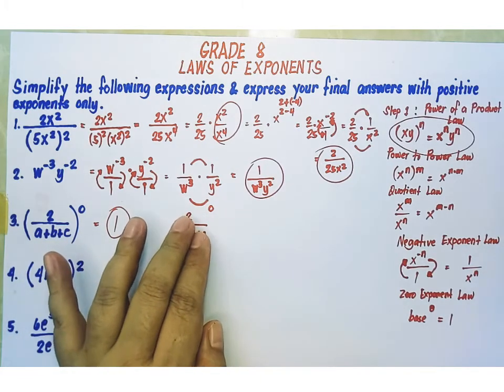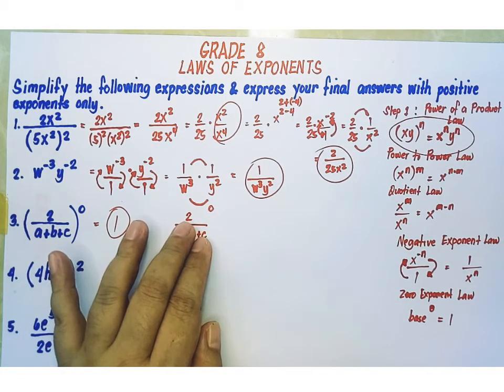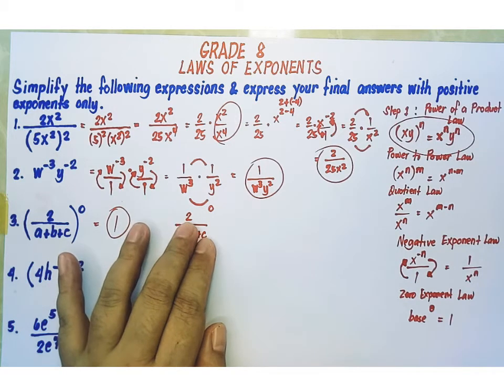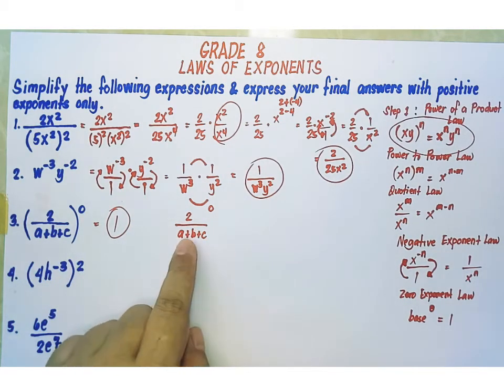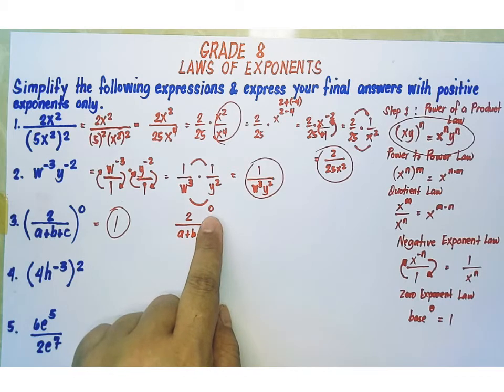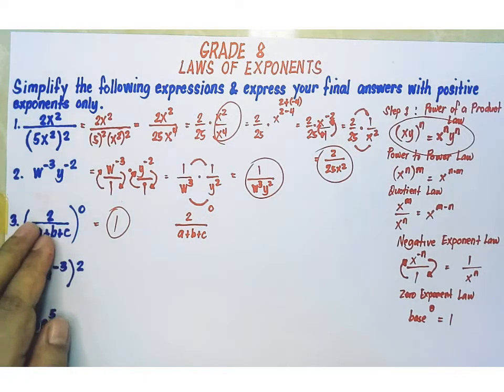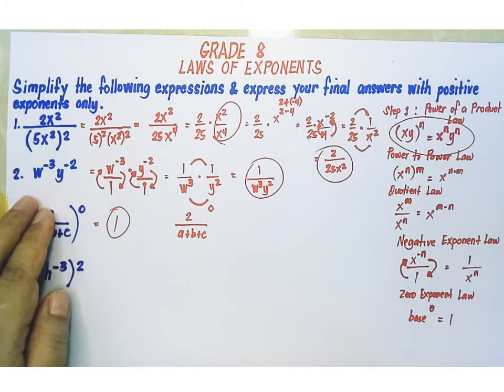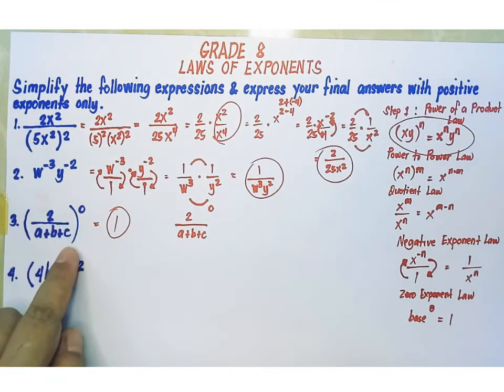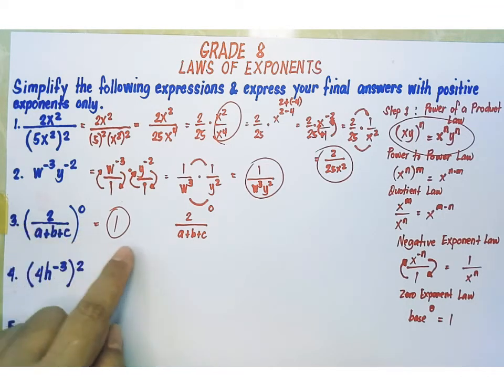Walang grouping symbol ito, wala siyang parenthesis. So, ano ang magiging effect? Ang magiging effect ay yung ownership dito sa 0. Dito kasi, ang owner ng exponent 0 is the whole group because of the parenthesis.